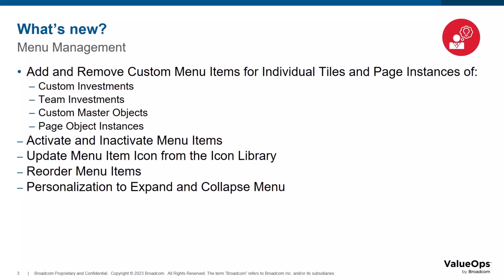They'll also be able to activate and inactivate both custom menu items and out-of-the-box menu items. They'll be able to update the menu icon from our icon library for these items. They'll be able to reorder these menu items, and last, they'll have a capability to personalize their menu in either expand or collapse mode.